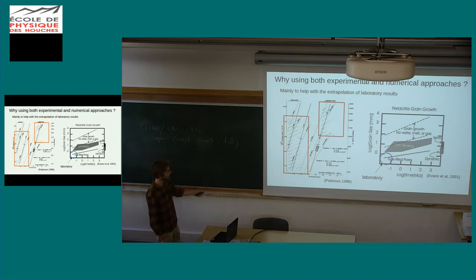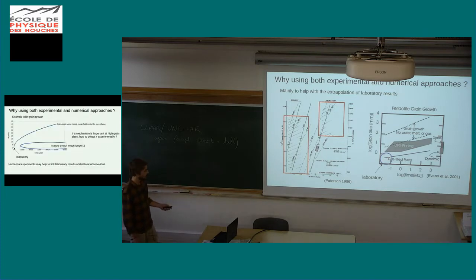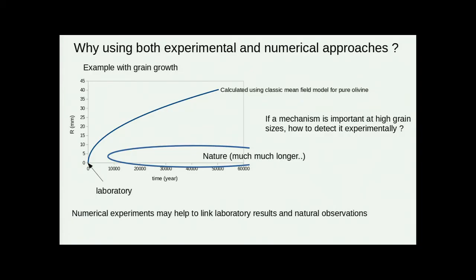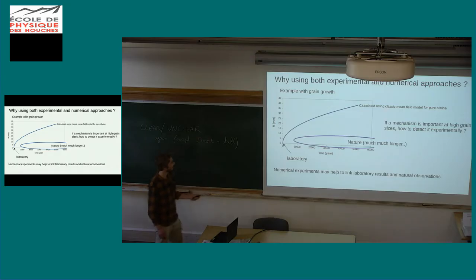This is for deformation experiments, and this is more for grain growth experiments. Here are the time scales involved in nature and the grain sizes that we can meet, and the laboratory scope is very small within this graph. I will try to convince you more with this.